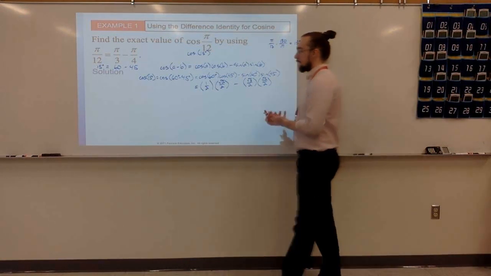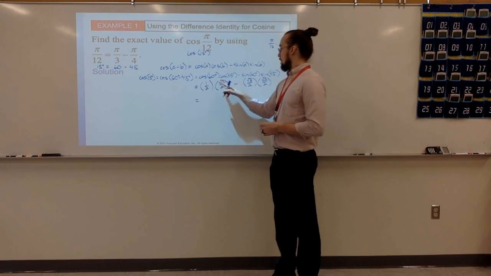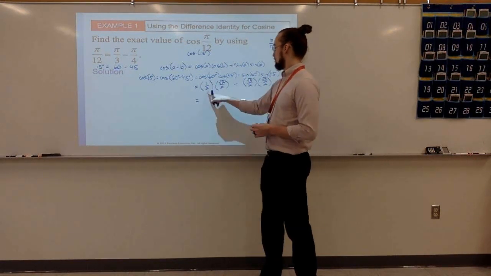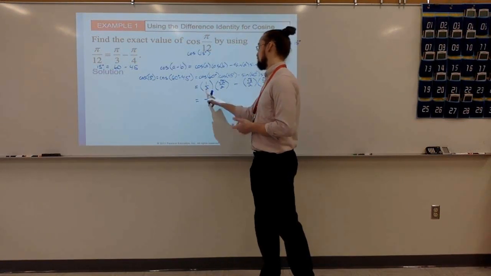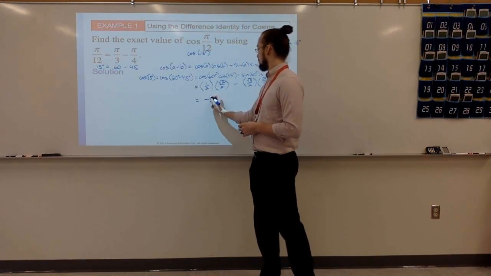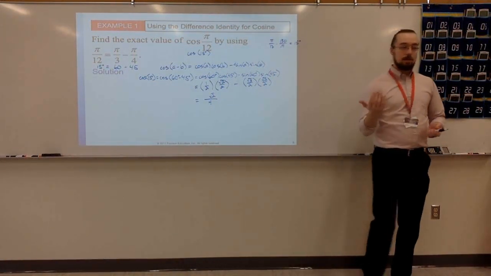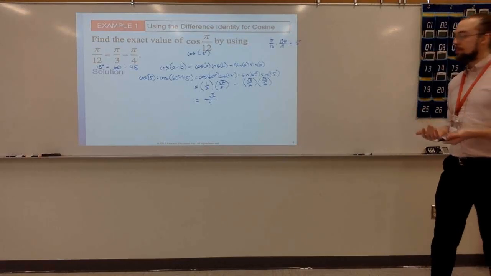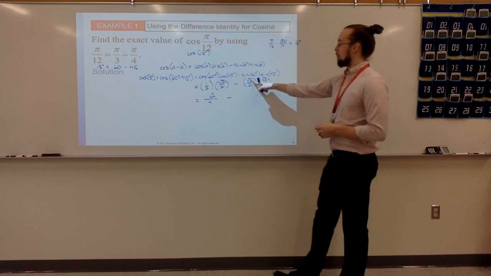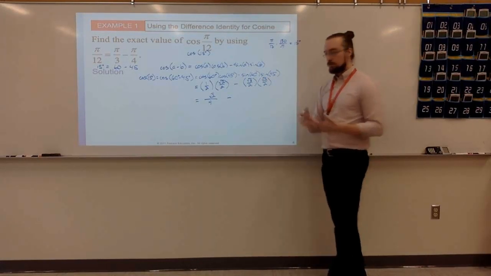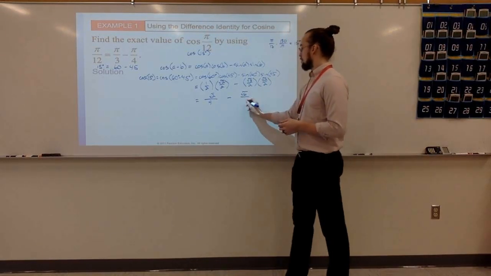So now I can simplify this a little bit. 1 times the square root of 2 over 2 times 2 is going to be square root of 2 over 4. When we're multiplying fractions, we multiply the numerators and denominators. Then over here, square root of 3 times the square root of 2 is just square root of 6 over 2 times 2.